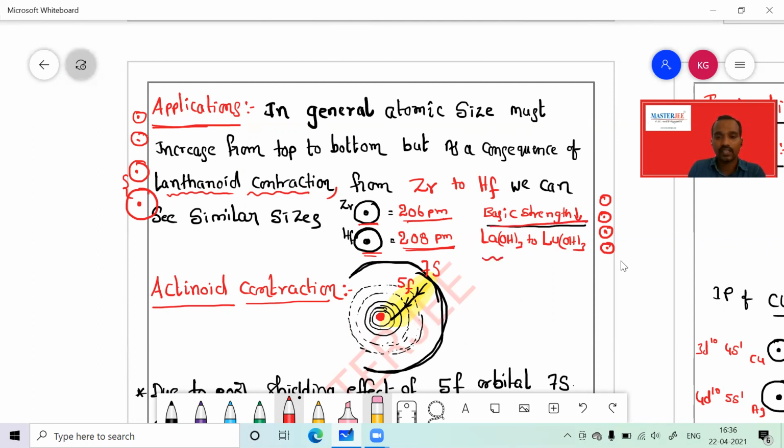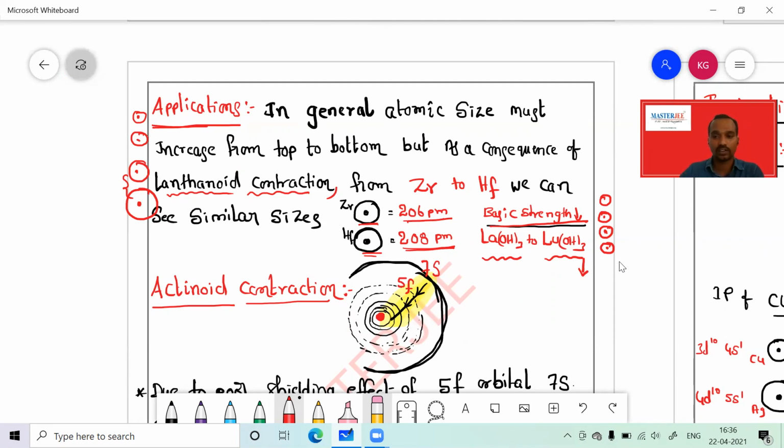As an example, if you compare lanthanum hydroxide and lutetium hydroxide, going from lanthanum hydroxide to lutetium hydroxide, the basic strength gradually decreases because of the decrease in size, due to lanthanoid contraction.